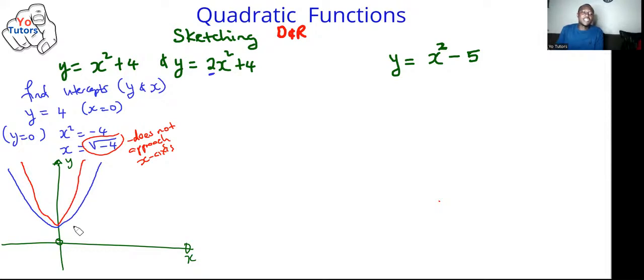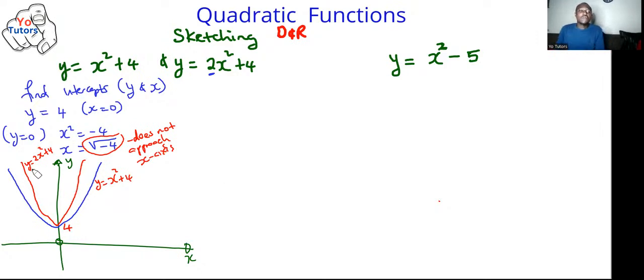And that's the graph of y equals 2x squared plus 4, and this one here is y equals x squared plus 4. If you are asked to draw them on the same set of axes, that's how you should do it.